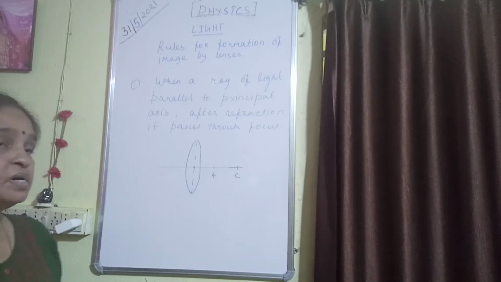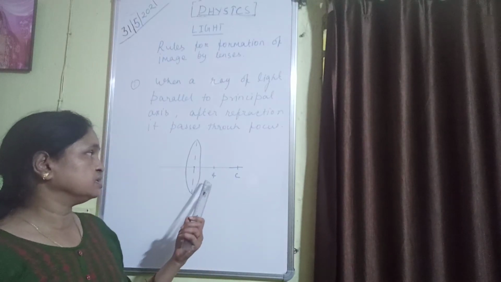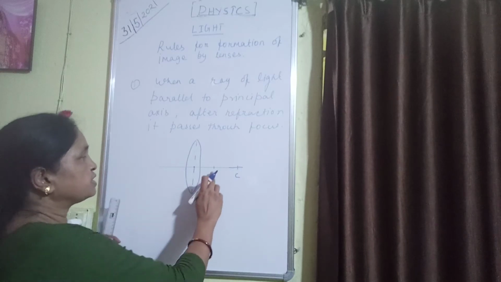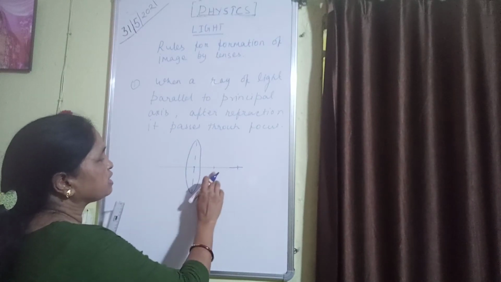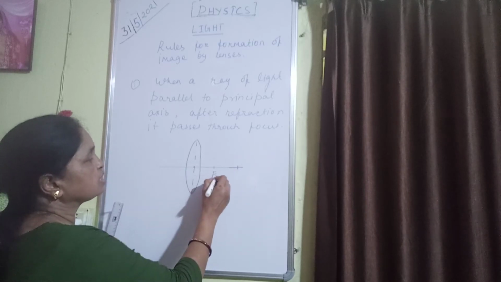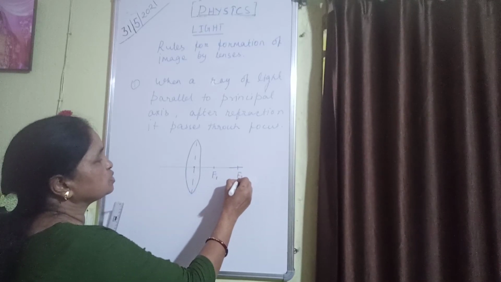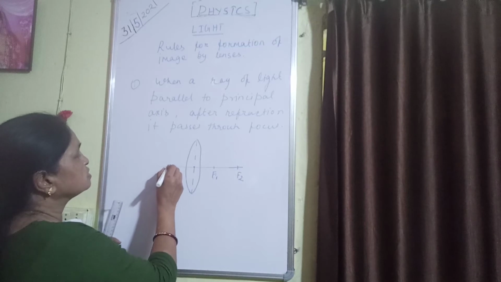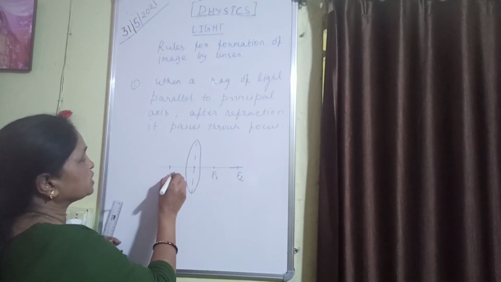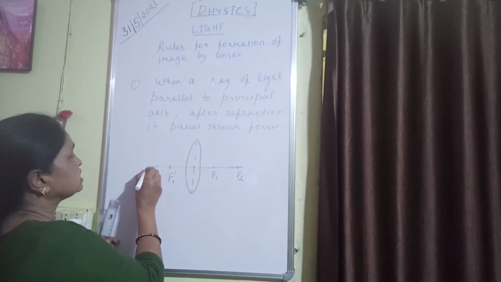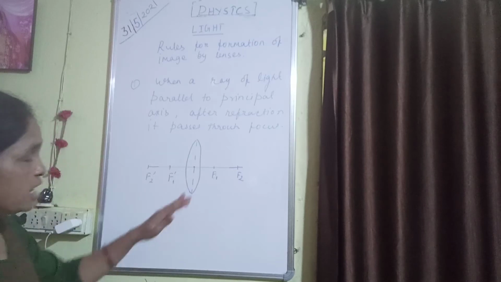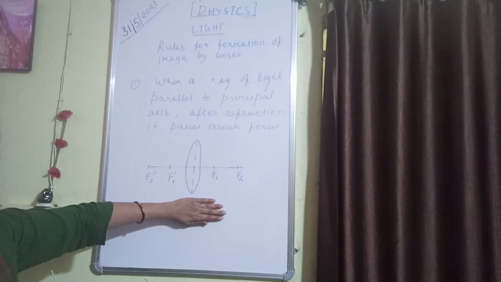But students, remember, it will not be written as F and C. Now we are studying lens, so what will we write? We write F1 and F2, because it has focus on both sides. On this side it is F1, F2, and on this side I am writing F1 dash and F2 dash. So like this, first of all you have to draw it.